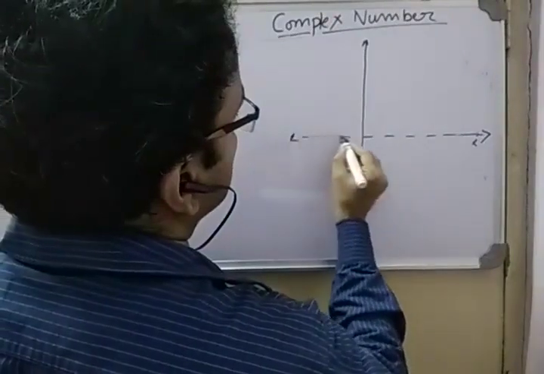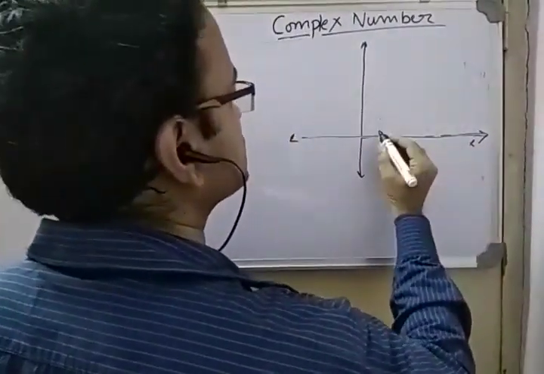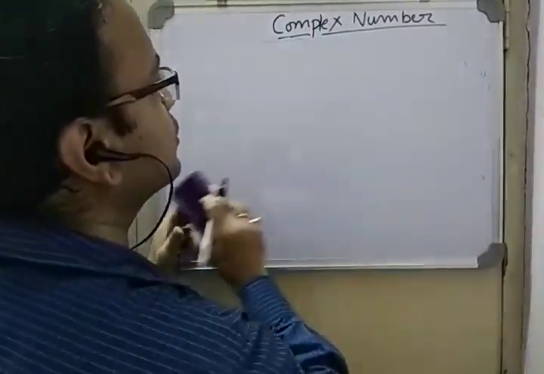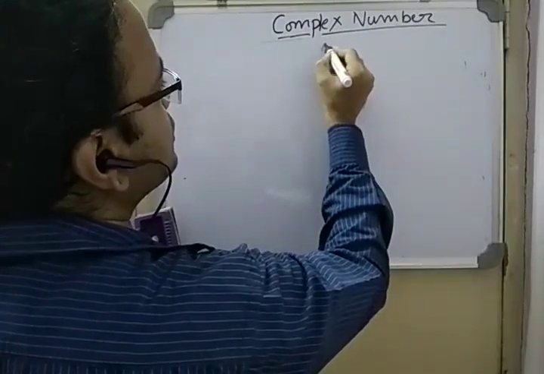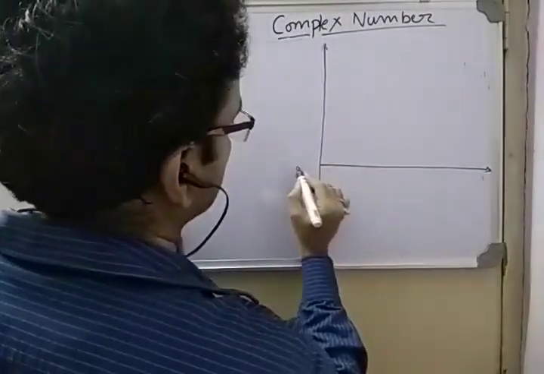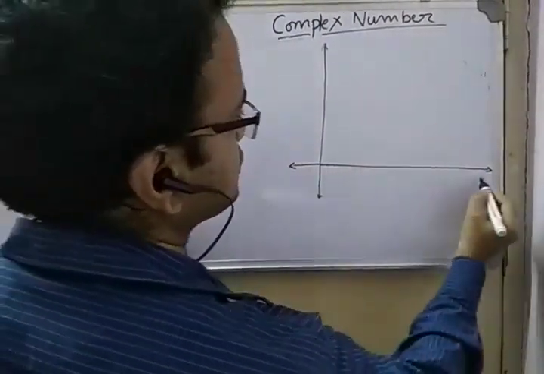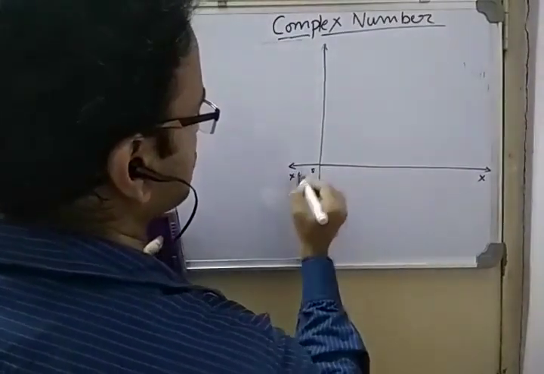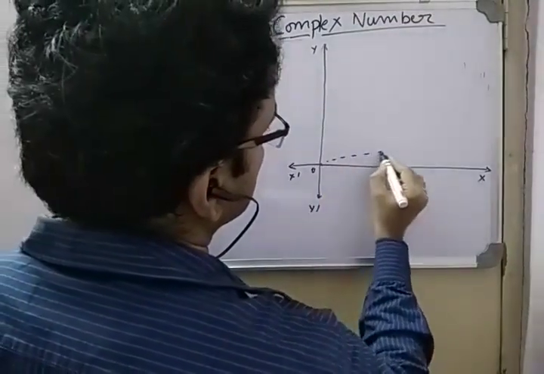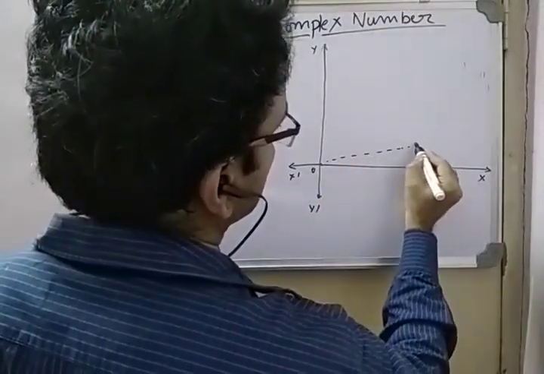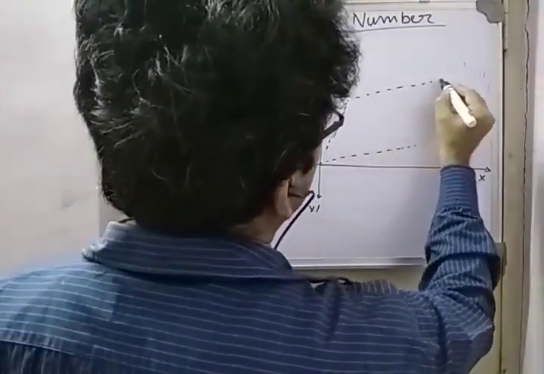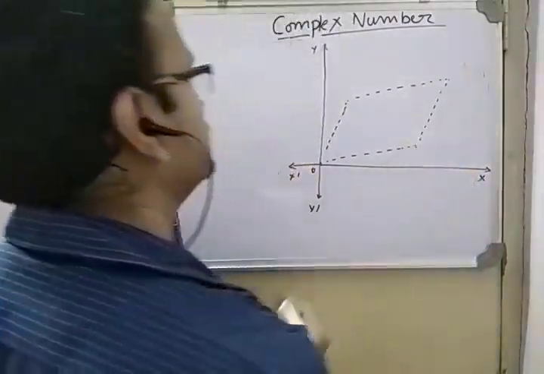Now the last topic that we discussed yesterday was the representation of z1 plus z2. With that, our first agenda will end for today. Yesterday we drew one point z1 and one point z2. What is the addition of these?